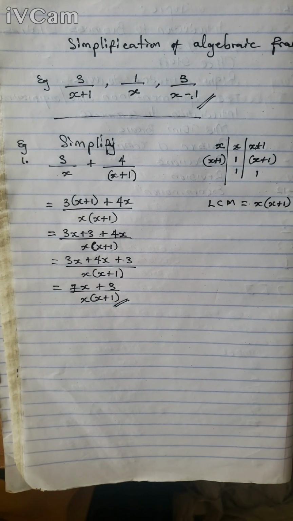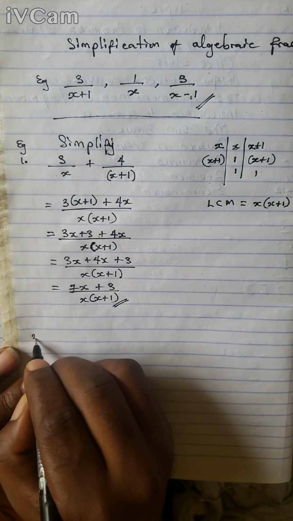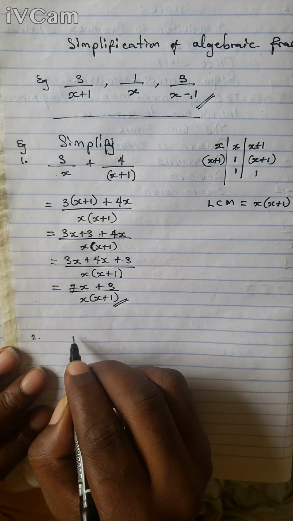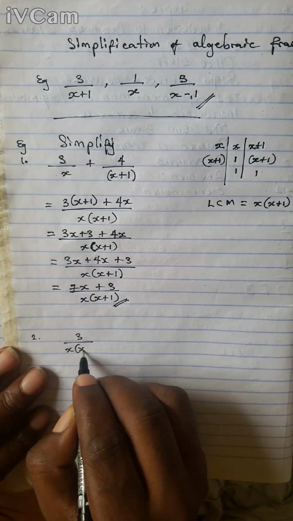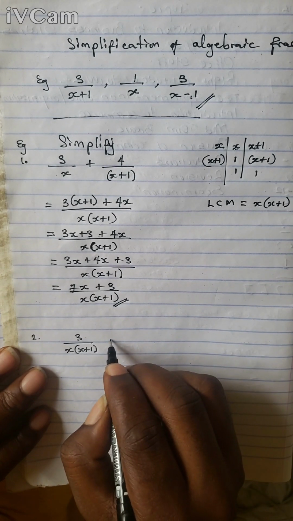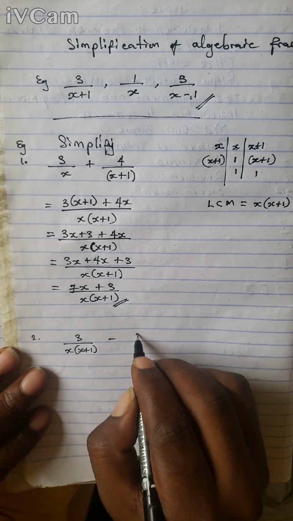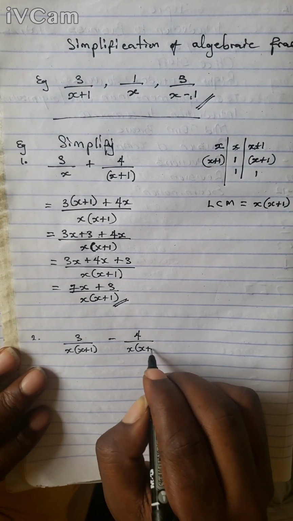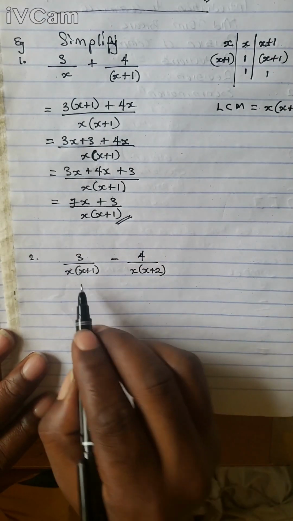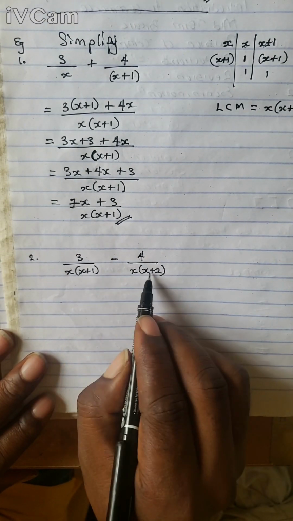So let's solve more examples. Number 2, let's have 3 over x into x plus 1 minus 4 over x into x plus 2. You can see that here we have to find the LCM of this.